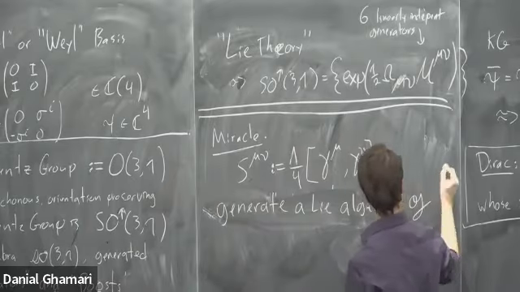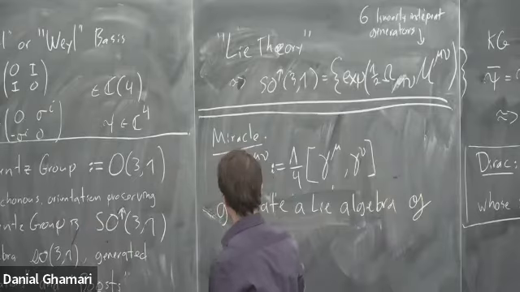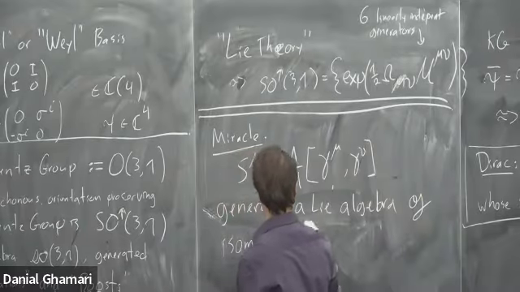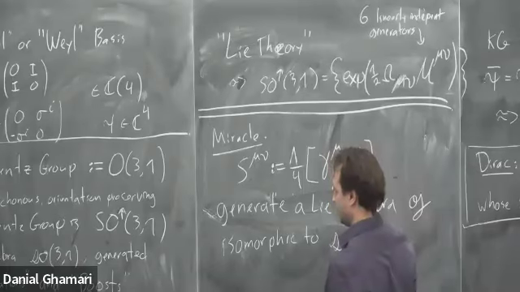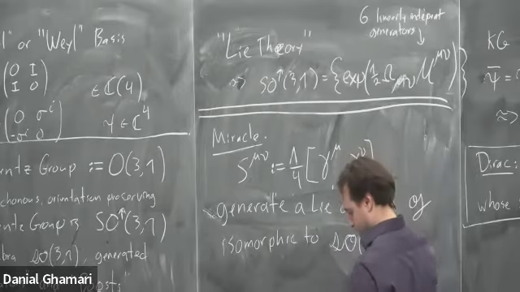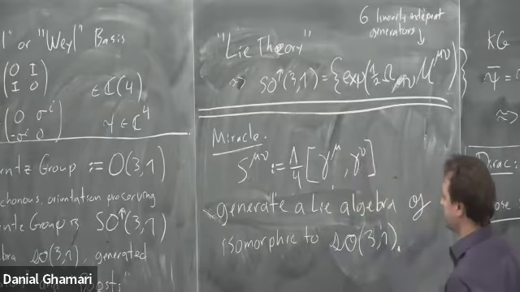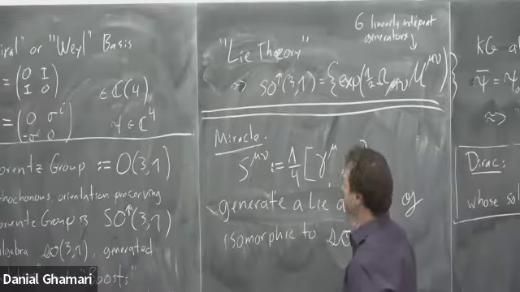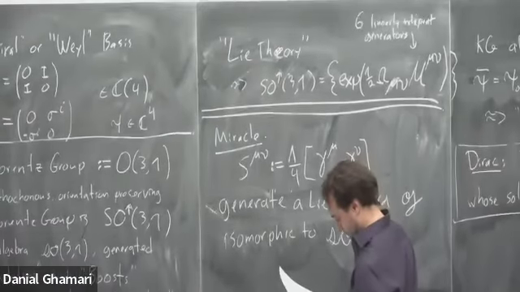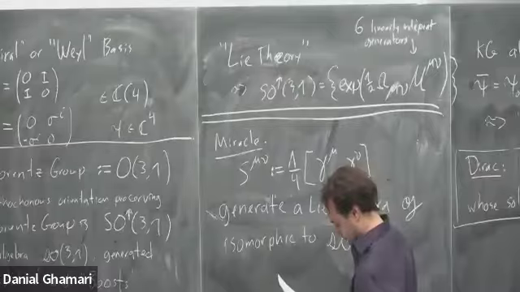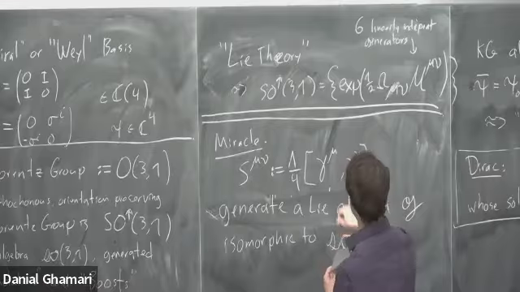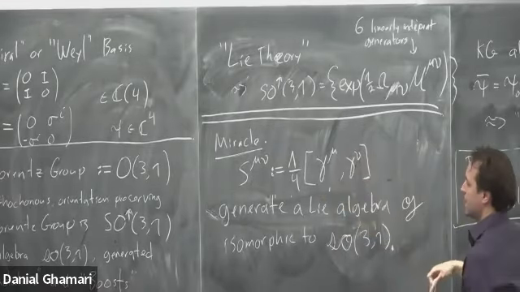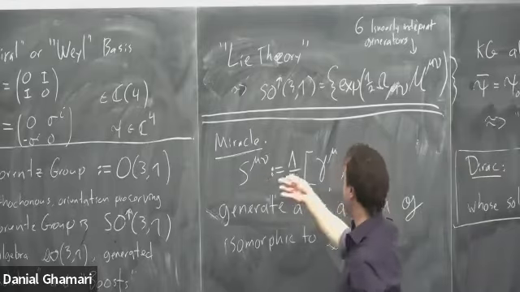Let's say G, isomorphic to SO(3,1). So we've chosen these Clifford algebra elements, and we've concocted some matrices out of them.